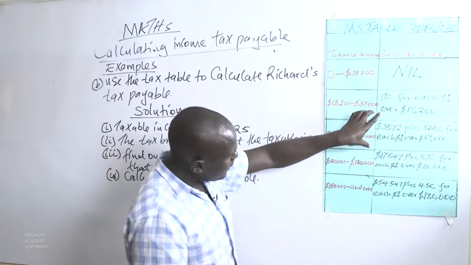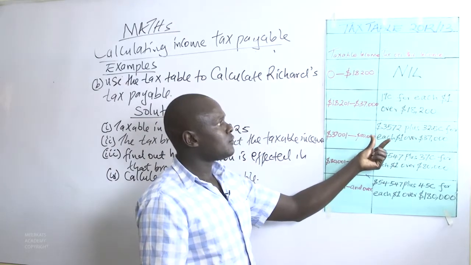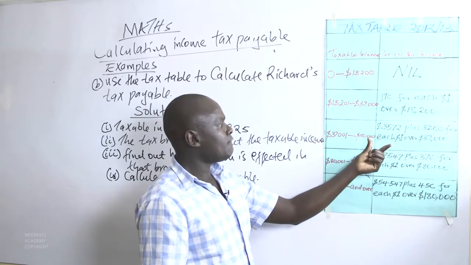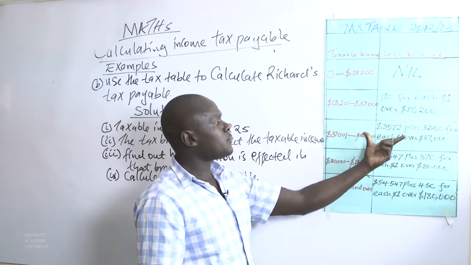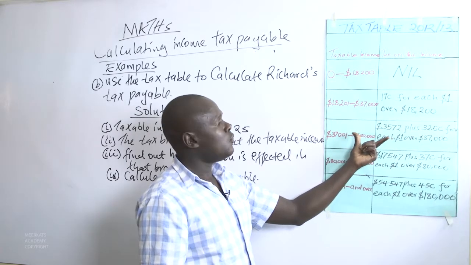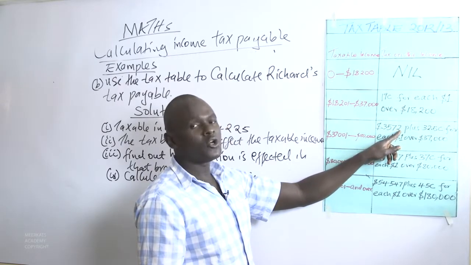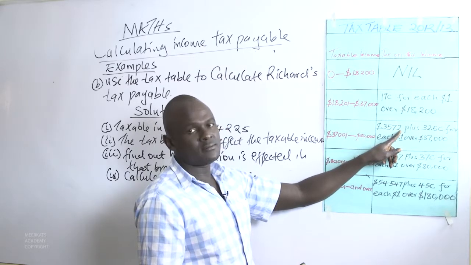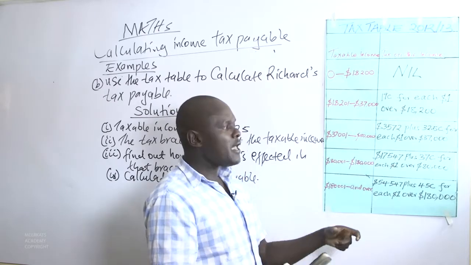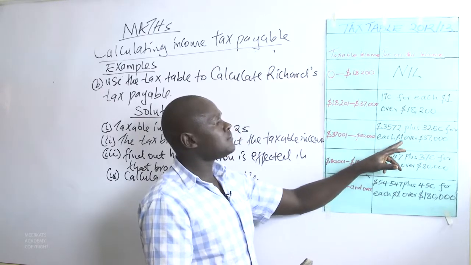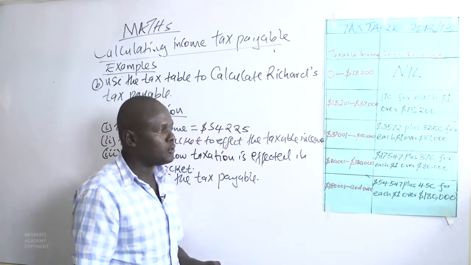Looking at this third or middle tax bracket, you discover that for every taxable income that falls within this particular range, we have $3,572 as the base tax, plus 32.5 cents for every dollar that one earns over and above $37,000.